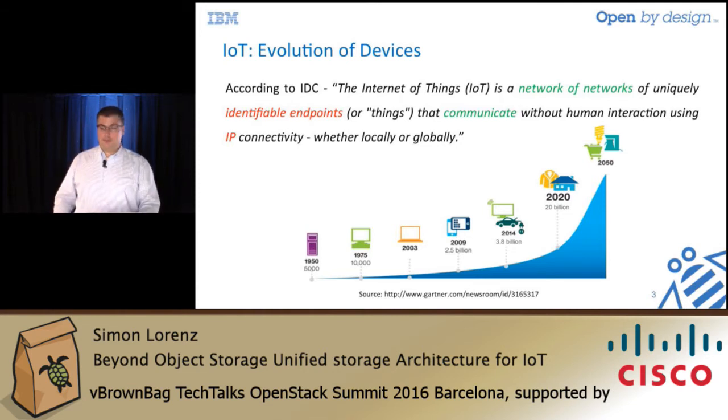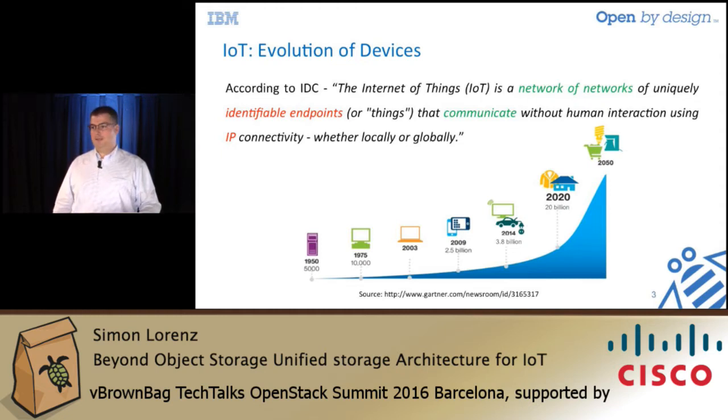According to IDC, the Internet of Things, IoT, is a network of networks of uniquely identifiable endpoints or things that communicate without human interaction using IP connectivity, whether locally or globally. If you look at the graph below, you can see in 2014 we had 3.8 billion endpoints or devices in use.